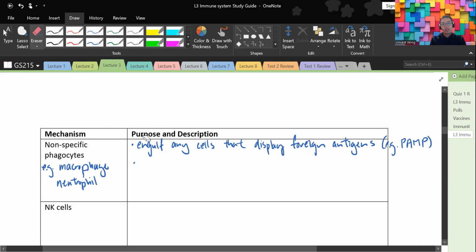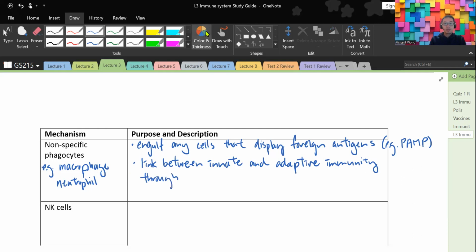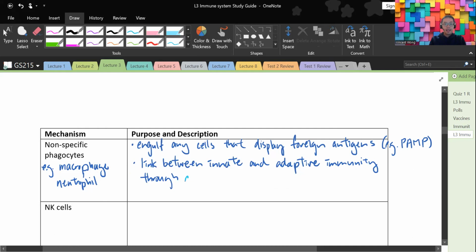Another purpose for non-specific phagocytes is that they serve as a link between innate and adaptive immunity, through a process called antigen presentation.